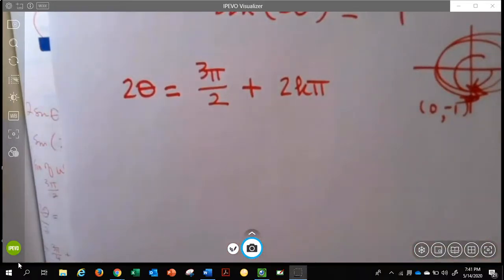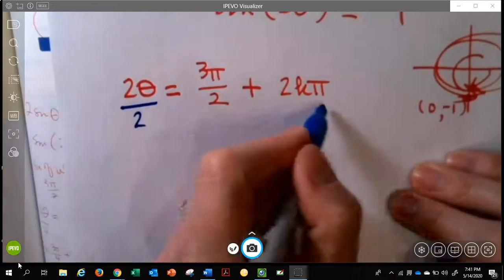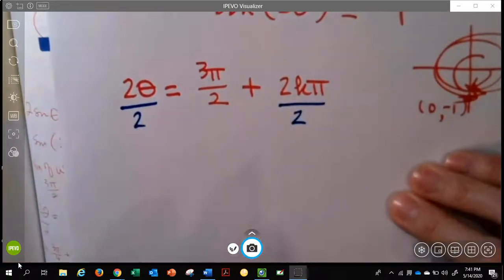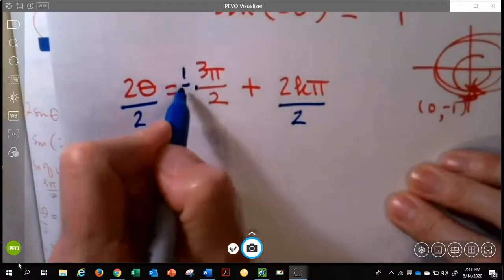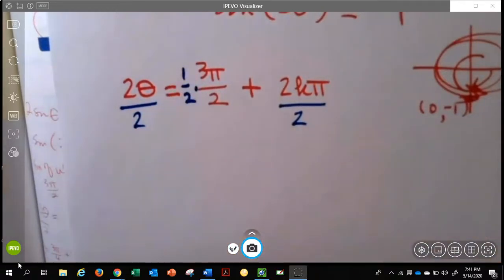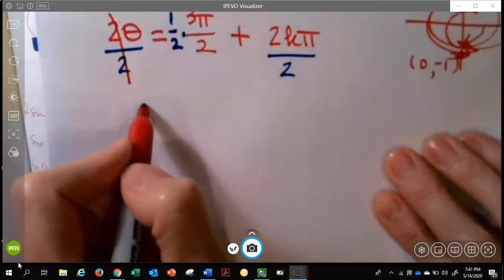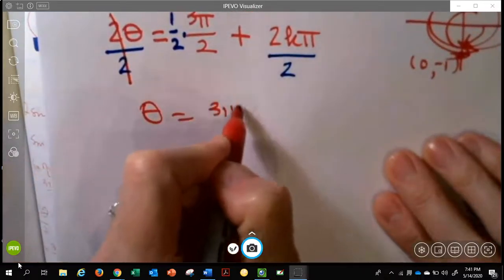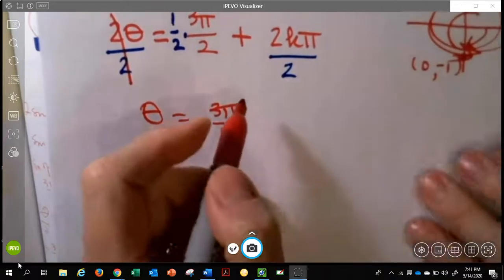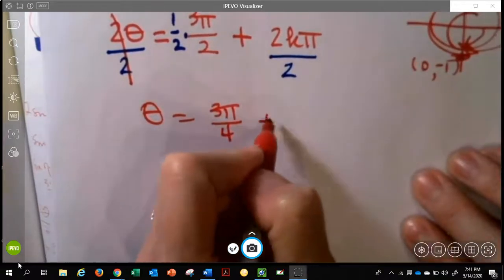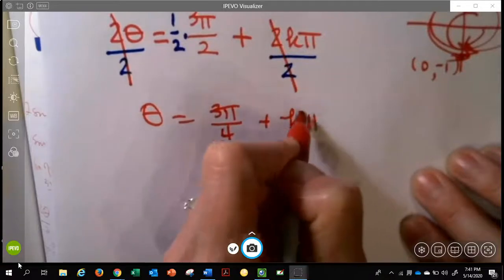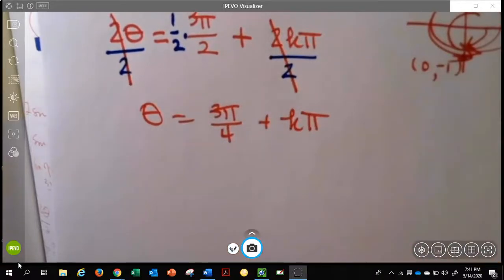And so the trick we did in the other lesson was we divided by 2, and these are easy to divide by 2. But for this other one, it's easier to see that the other way to divide by 2 is to multiply by the reciprocal. And so what that gives us is theta is 3 pi over 4 plus k pi.